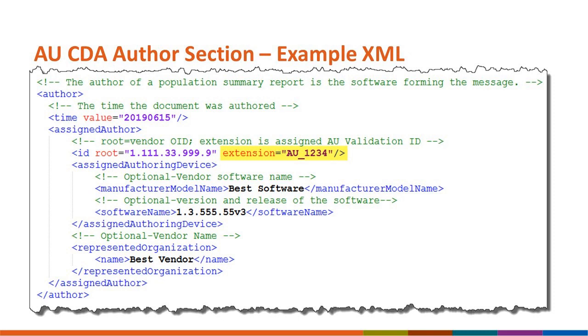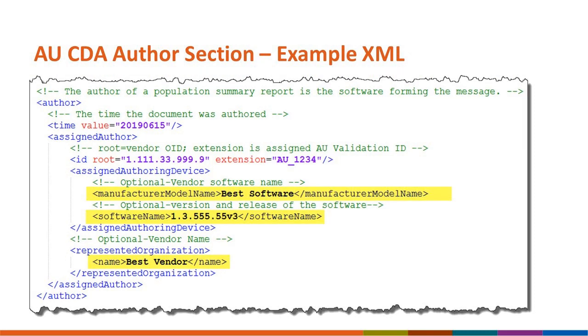As a reminder, the SDS validation ID will be provided to the vendor after confirmation of successful AU SDS validation. Vendor name, vendor software name, software version and release are currently optional fields, but having this information will streamline the troubleshooting of issues.